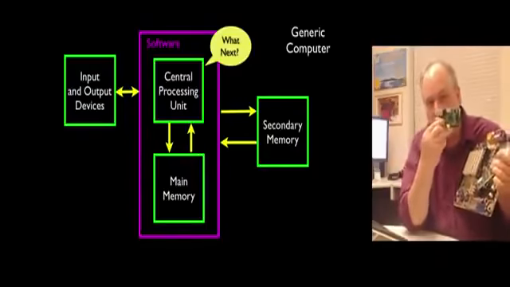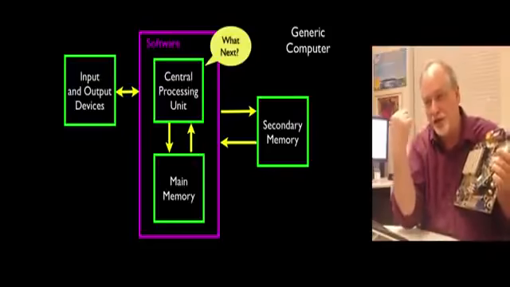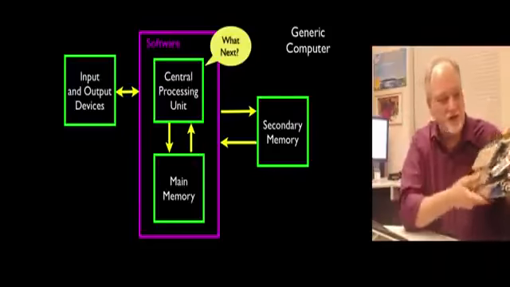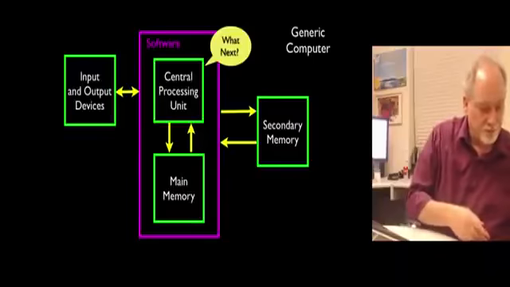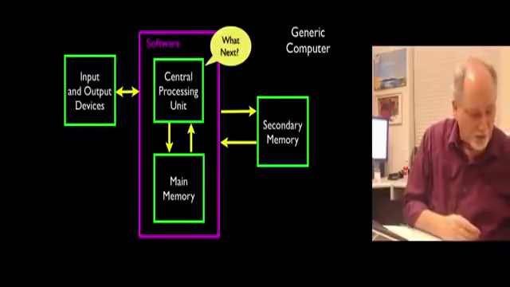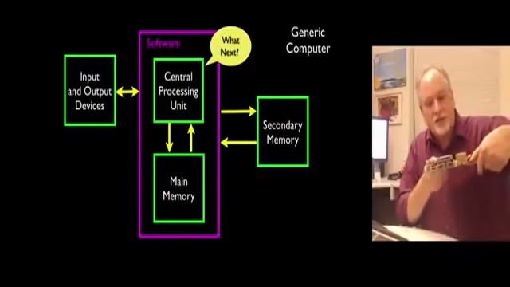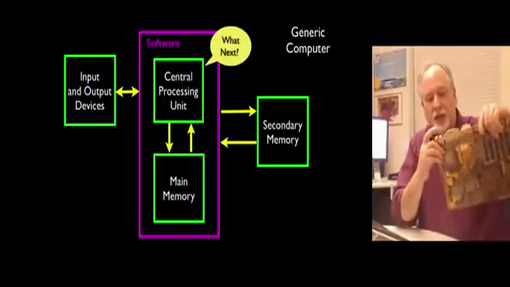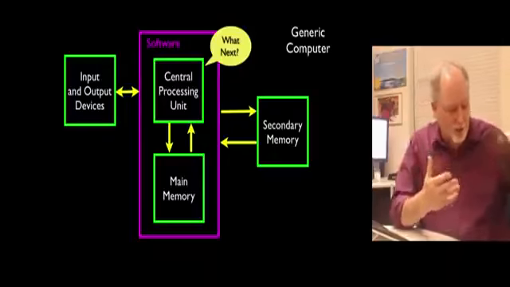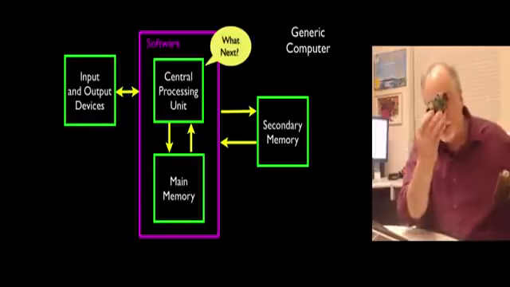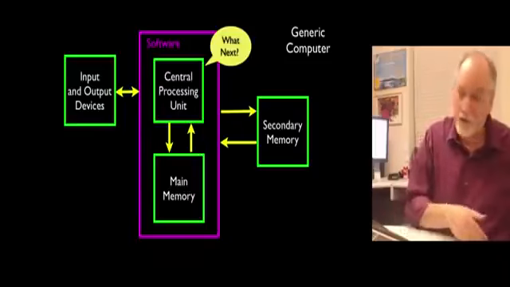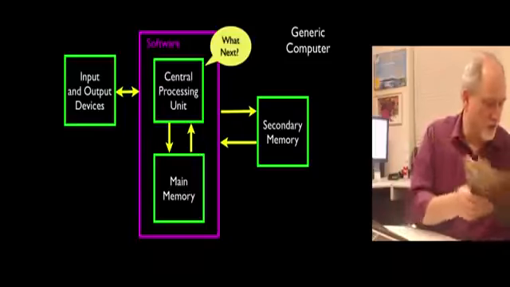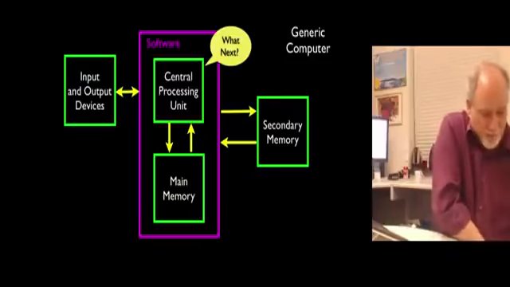But it's still architecturally the same thing. There's a central processing unit, there's main memory, there's graphics cards, etc. And this guy has input-output devices too, like USB and keyboard and monitor, etc. So they're very similar. It's just this is new and this is old. Everything gets smaller when it gets newer.